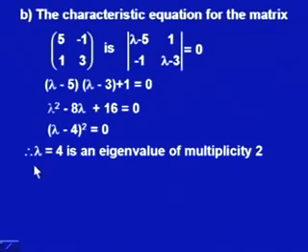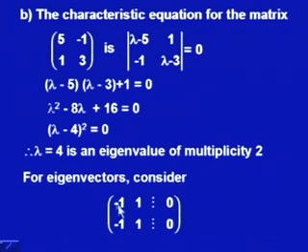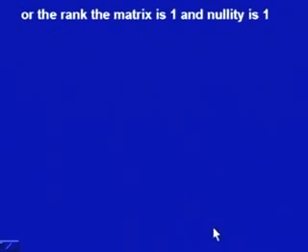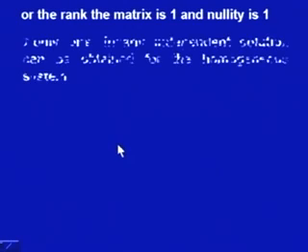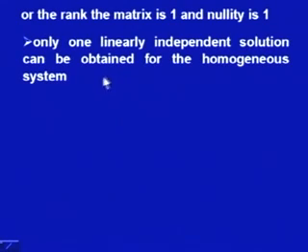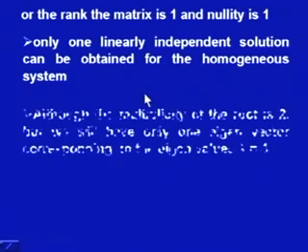So it is a case when the eigenvalues are repeated. When the eigenvalues are repeated, you have to solve this augmented matrix to obtain the eigenvectors corresponding to lambda is equal to 4, and one can notice that this row is the same as this row. So the rank of this matrix is 1 and the nullity is also 1 from the rank nullity theorem. That means it has only one linearly independent solution which can be obtained from the homogeneous system.